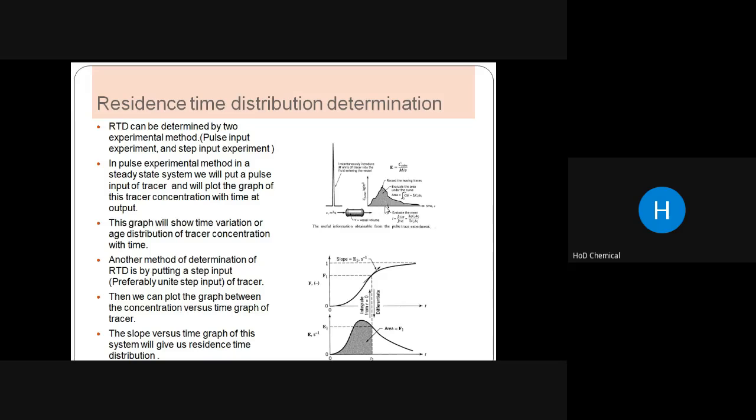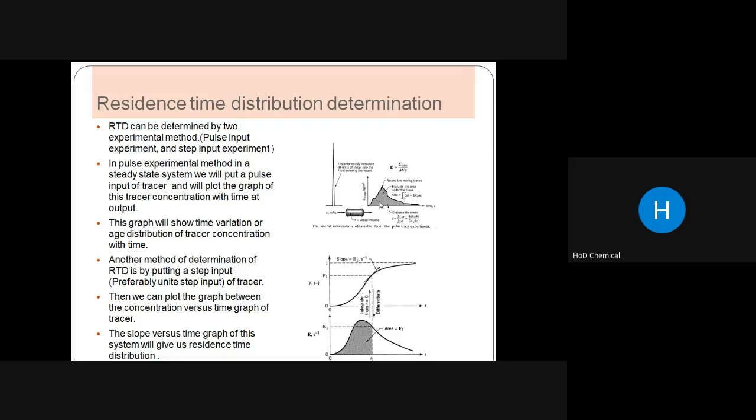So here, from the pulse input method, we have the graph between time and concentration pulse. From the pulse input method we determine the E curve.